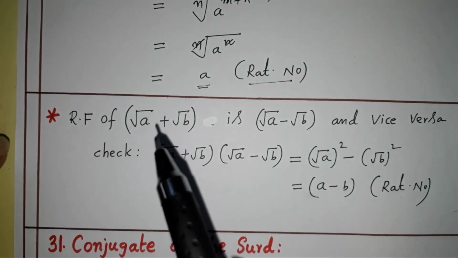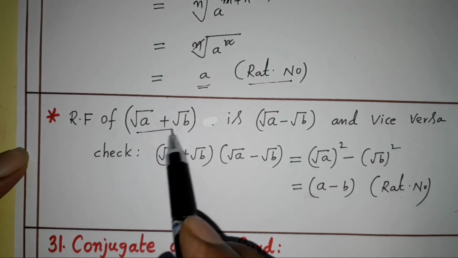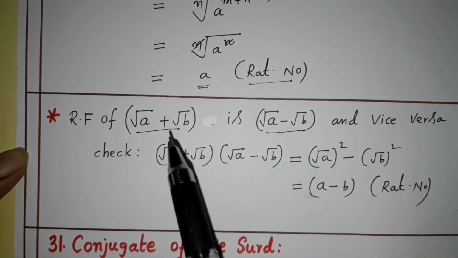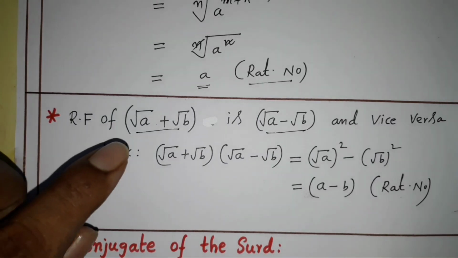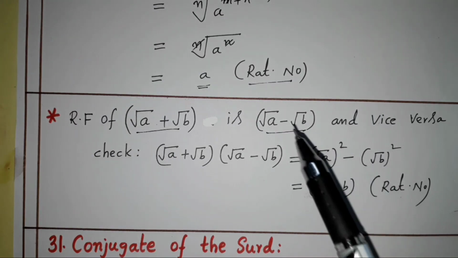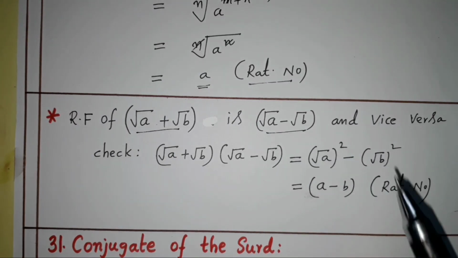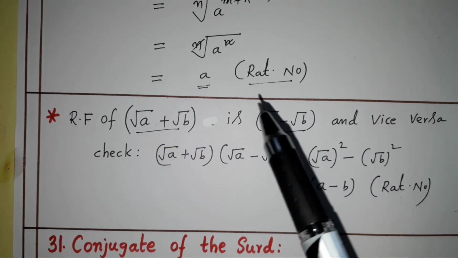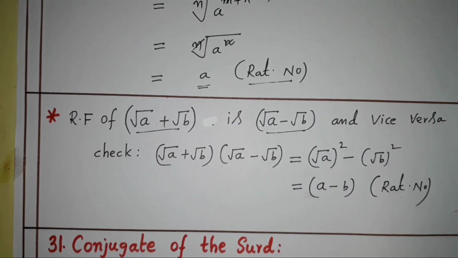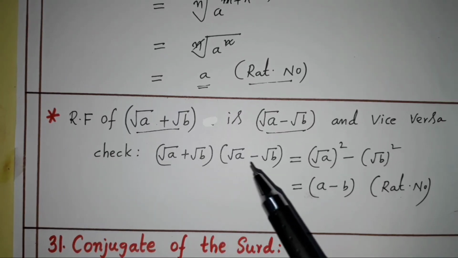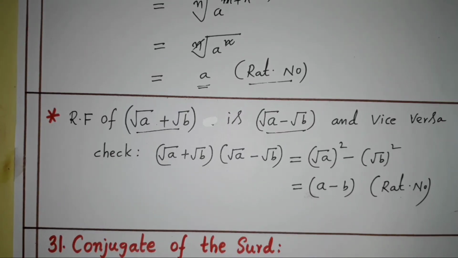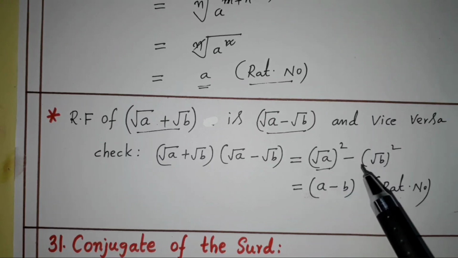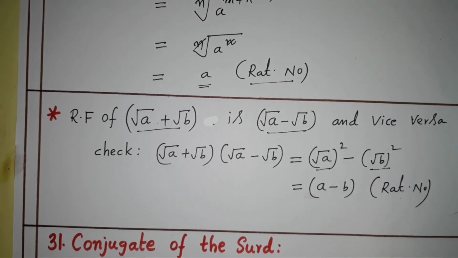And also you see here two binomial surds. For a binomial surd in the form of root a plus root b, the rationalizing factor is root a minus root b, and vice versa. That means for root a minus root b, the rationalizing factor is root a plus root b, because if you multiply these both, you will get a rational number. Roots will be eliminated. Check here. These both are in the form of a plus b into a minus b, so root a whole square minus root b whole square.